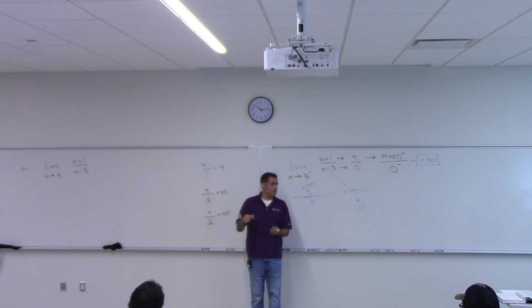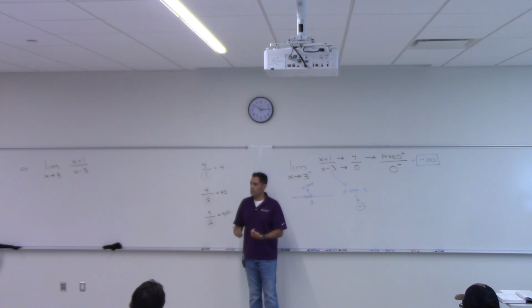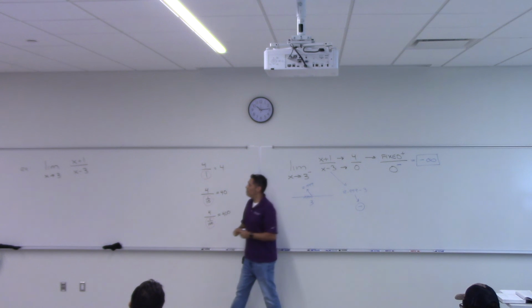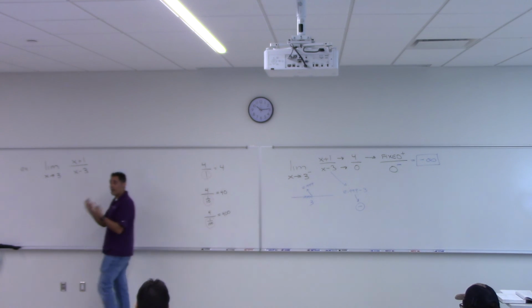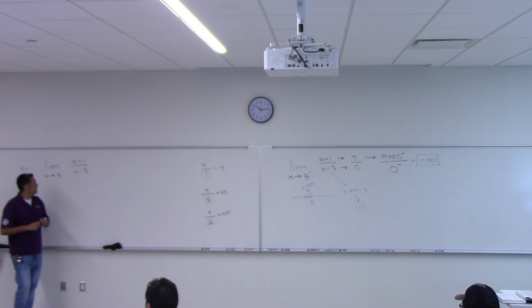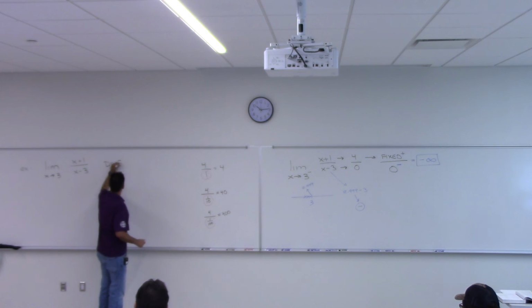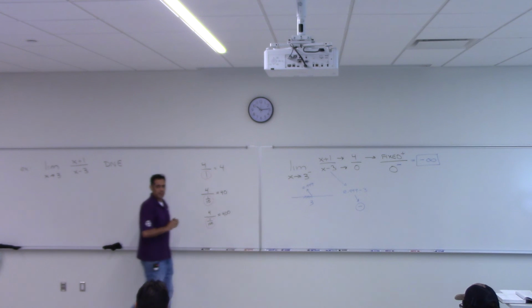You have to do from the left and from the right, and make sure that they are equal, right? And in this case, they wouldn't be equal, right? So from one side you get infinity, the other side you get negative infinity. So since infinity and negative infinity are not the same thing, we would say what? Does not exist. Does that answer your question? Yes, okay. Thank you, sir. Yep.